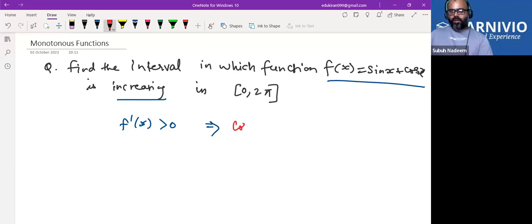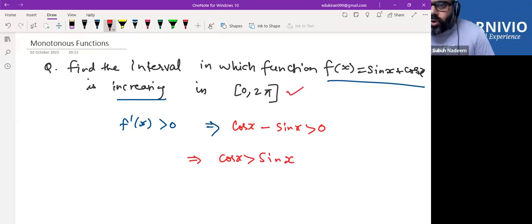Cos x. And what is the derivative of cos x? Minus sin x. So this should be greater than 0, which means that cos x should be greater than sin x. Now, in this interval, where is cos x greater than sin x?